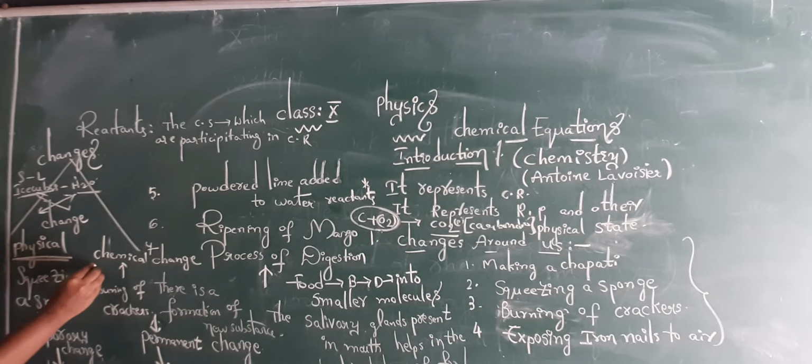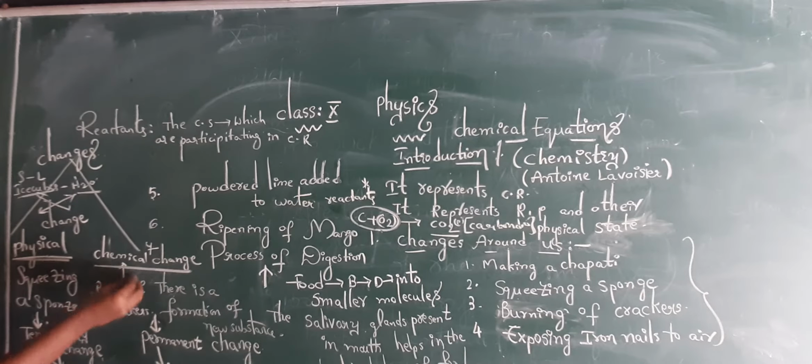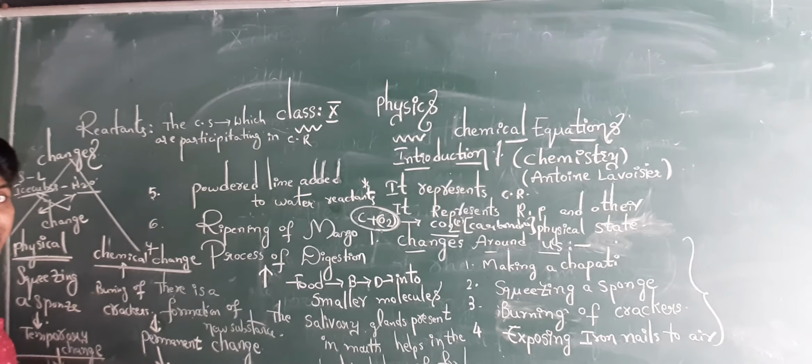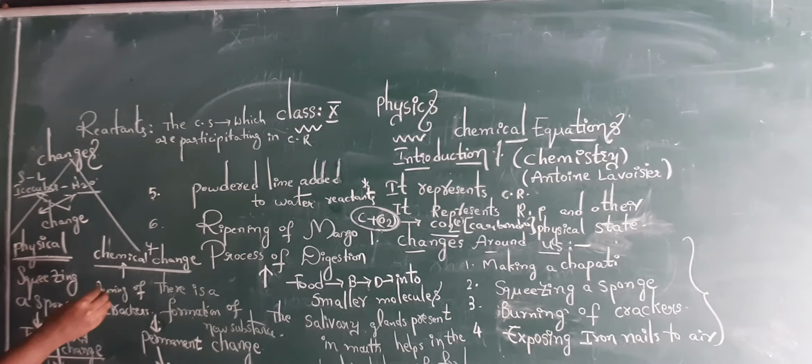Look here. Chemical change is a permanent change, whereas physical change is a temporary change. In chemical change, the object will not regain its original state. Example, burning of crackers.